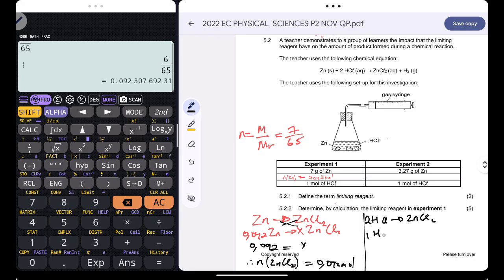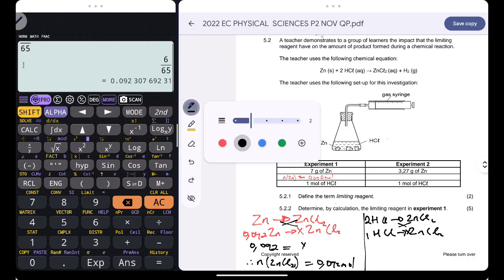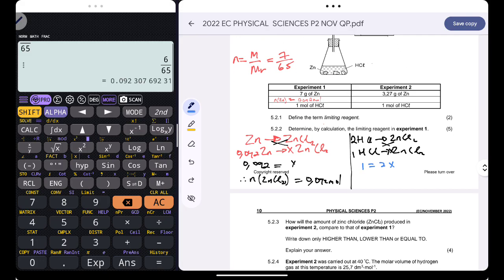I want to know how much zinc chloride I will make. I'll put x there. Then when I just cross multiply, I'll simply have 1 multiplied by 1 is equal to 2x, right? Then x, which is the number of moles of zinc chloride, will be 1 divided by 2, which is 0.5.